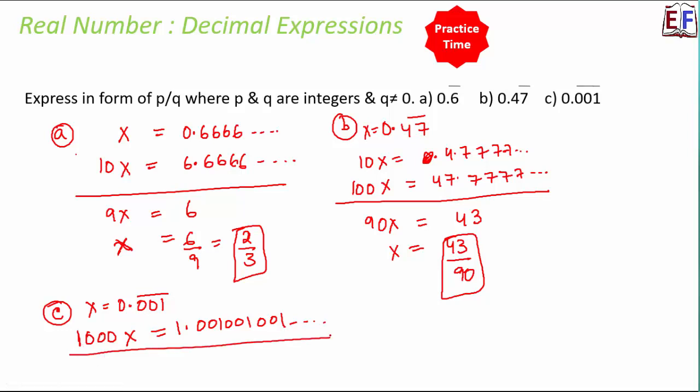Now if we subtract these two, what do we get? We get 999x is equal to 1, or x is equal to 1 by 999, and that's in the form of P by Q. So now the trick is pretty simple. Our whole idea is when we subtract the two equations, we should get rid of the entire repeating part.